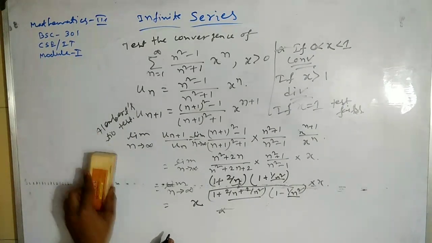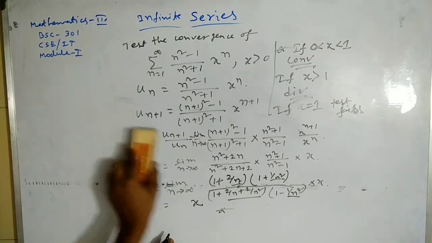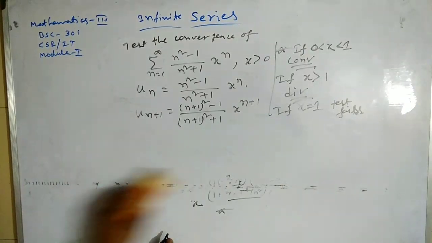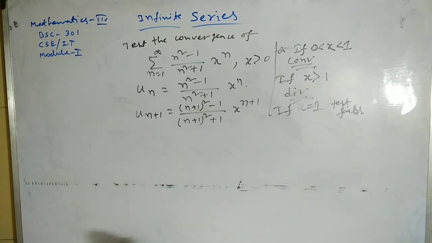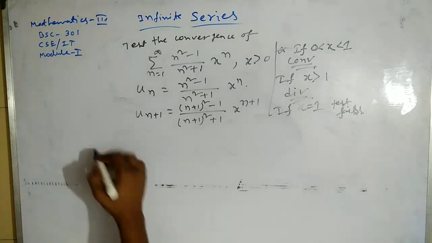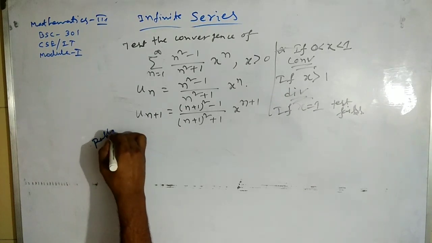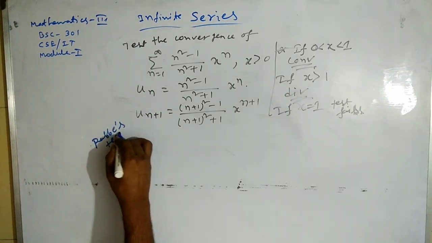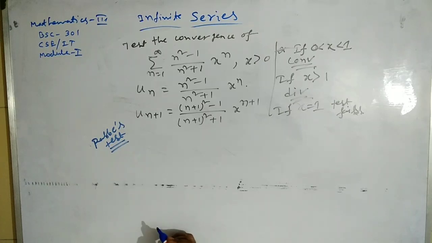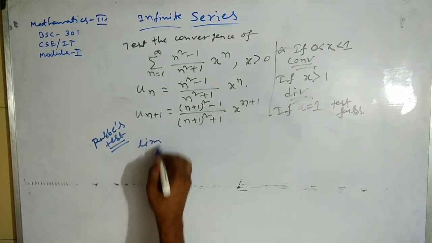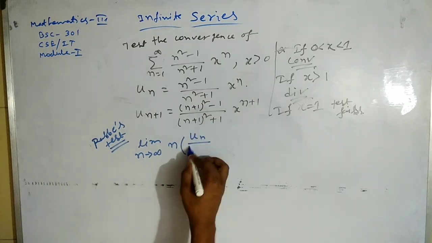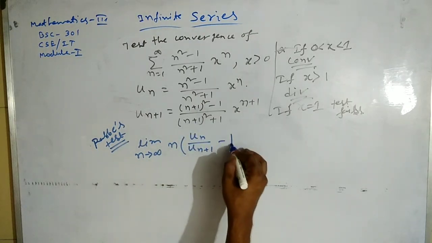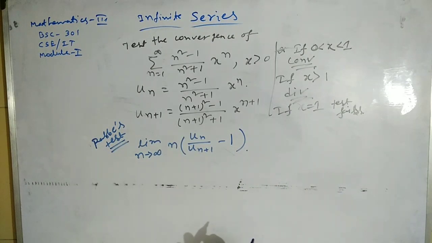Okay, so I am removing this. Now I will apply, I have to change the thing. Raabe's test. So we have to find the limit n tends to infinity n into (u_n by u_{n+1} − 1).